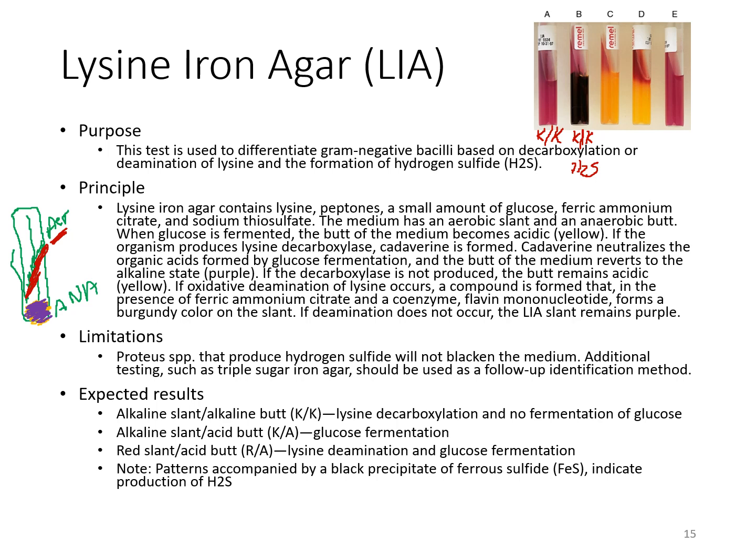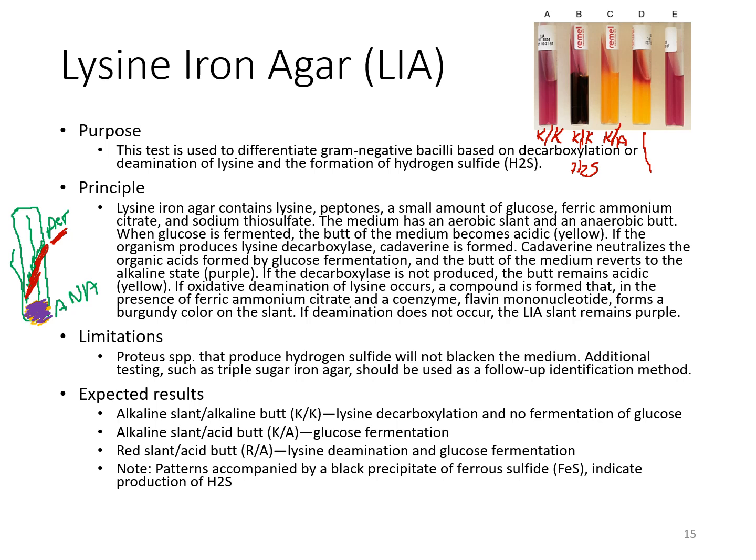And then our next slant, we do have an alkaline. You can see that little bit of magenta color up top with an acidic. So there at the bottom, that has turned to an acidic. So it has fermented the glucose.